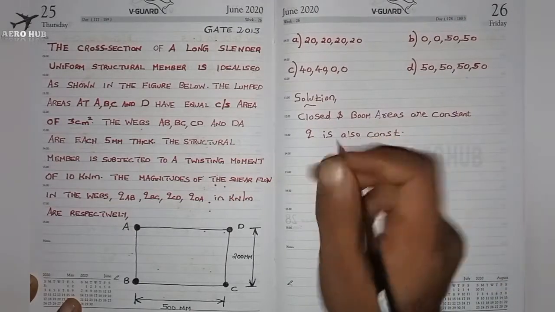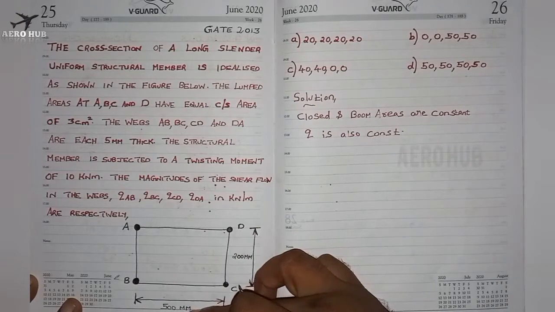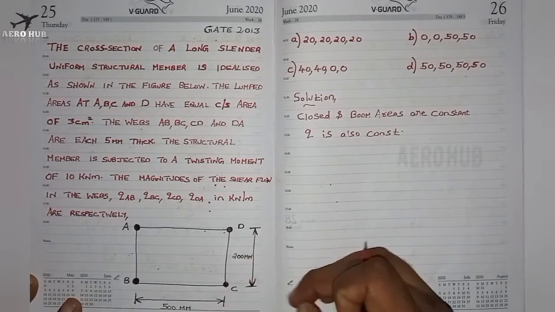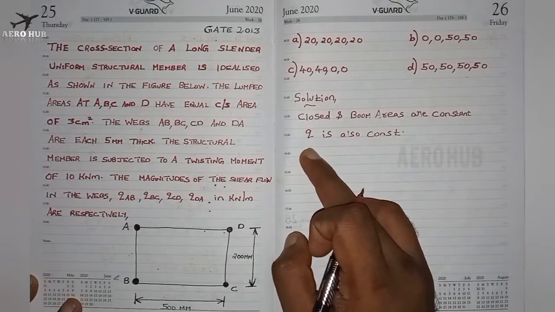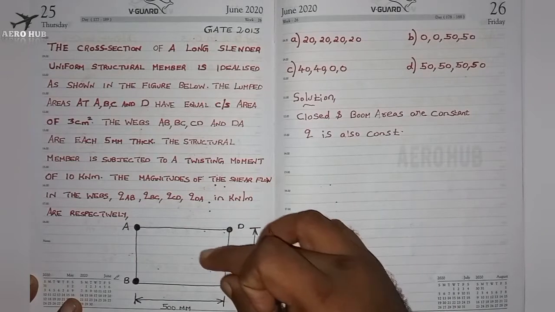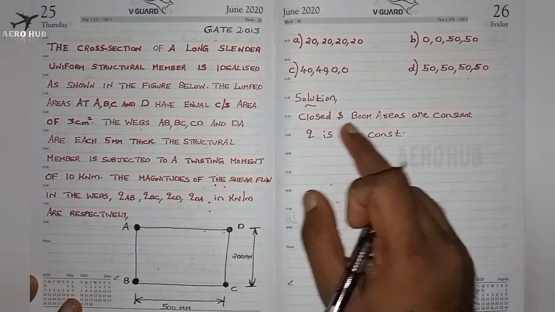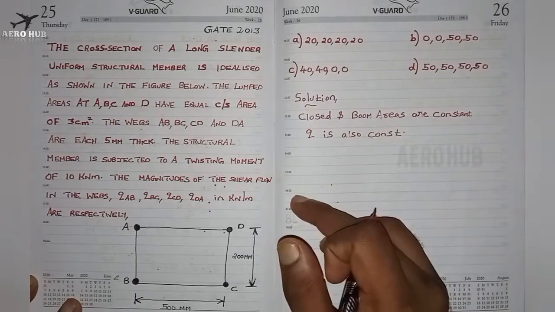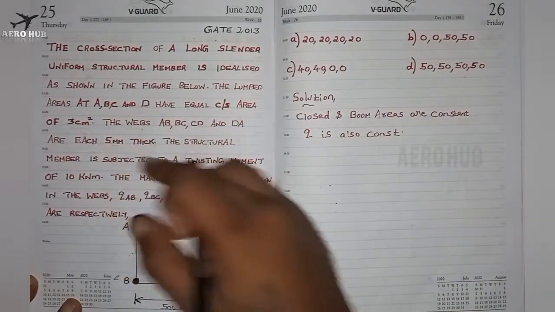This is really important. This is a rectangular closed section, and the dimensions are given as 500 millimeter by 200 millimeter. We have to find out the value of shear flow at each and every web of the section. Since the shear flow Q is constant, because the section is closed and the boom areas are constant, and the thickness is also the same, 5 millimeter.